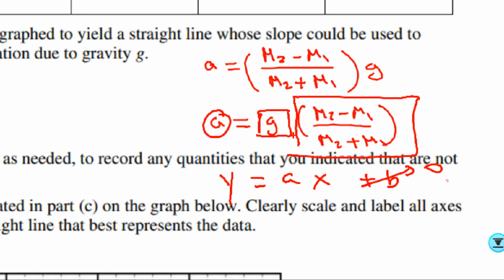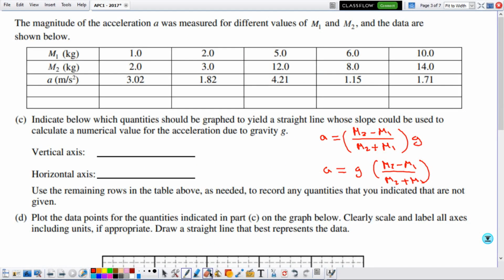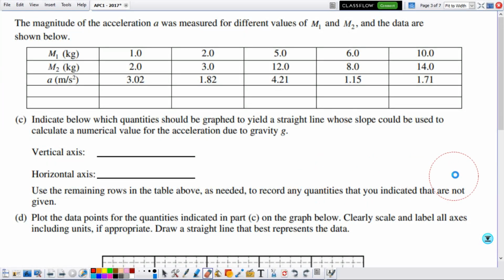Alright, this is not part of the answer, so let me erase it. Then on the vertical axis we will plot the acceleration, and on the horizontal axis we will plot the fractional mass given by M2 minus M1 divided by M2 plus M1.